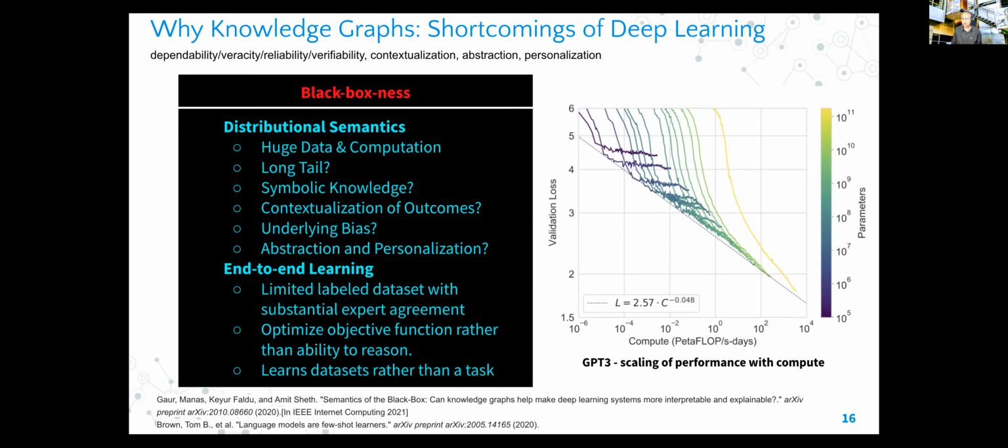And what is happening here is, it's first of all incremental, but fundamentally, it still is not getting you to things that are very, very important for real applications. And for me, they are ability, dependability, veracity, reliability, verifiability of what you're finding by using the system, contextualization, abstraction, and personalization. These are the key features that I can think of for the kind of applications I want to develop.